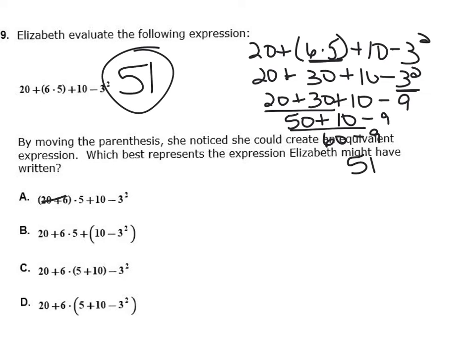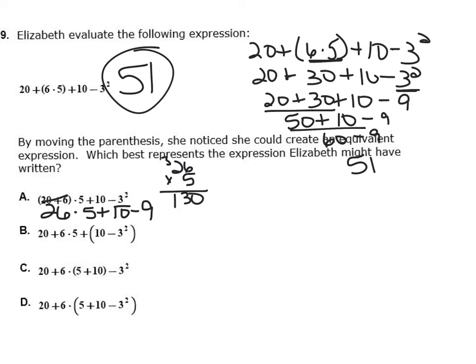So parentheses is 26 here. Times 5 plus 10 minus 9. So I did the exponent already. Then we do 26 times 5. So 26 times 5 is going to give you 30, 10, 13.